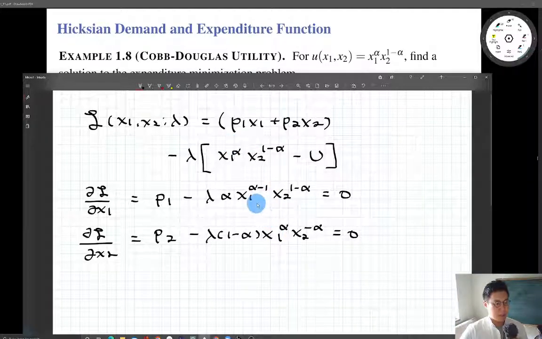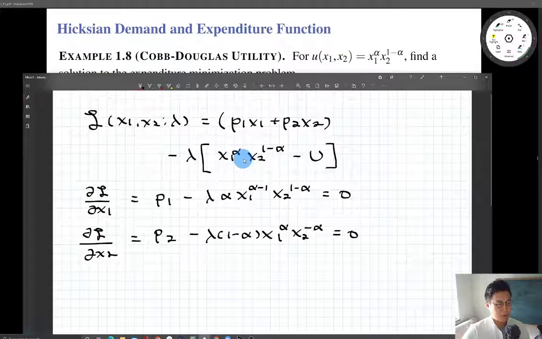So in this computation, I just took one away from the power, here from x1 and here from x2.